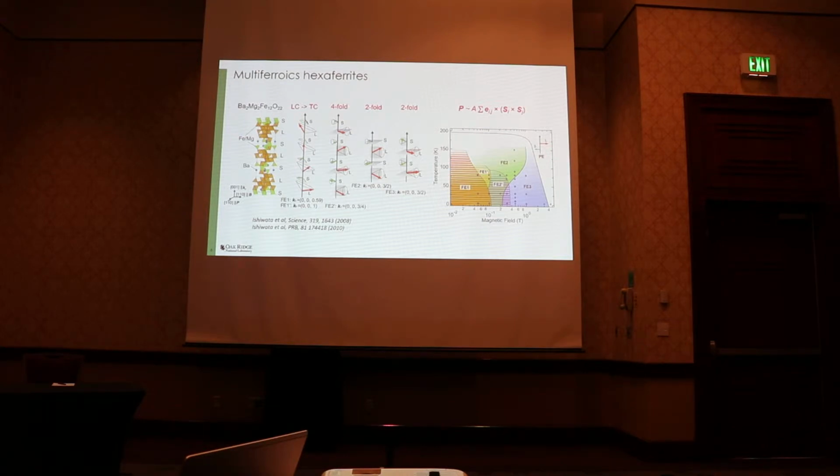When a field is applied, the spins turn to a conical state in the horizontal direction, and they give the ferroelectric phase. But with further increased field, they have different kinds of symmetry, from commensurate to four-fold. Let me repeat: four times, go through this, and twice 180 degree repeat. So they go through all these symmetries.